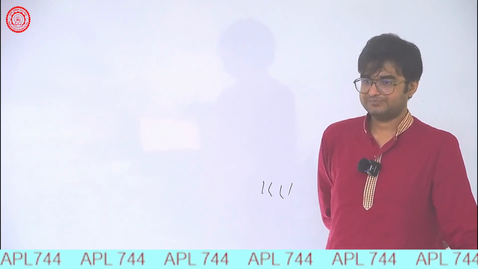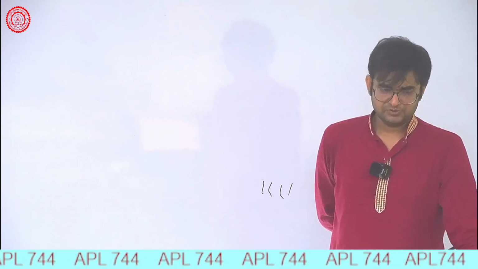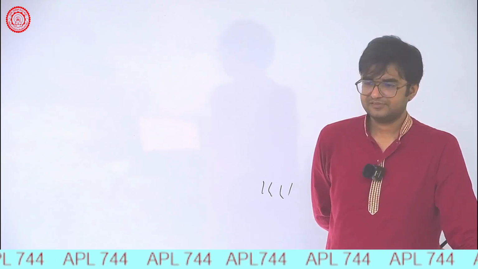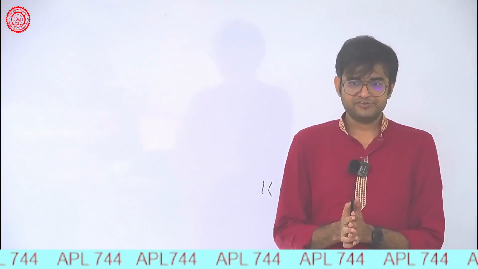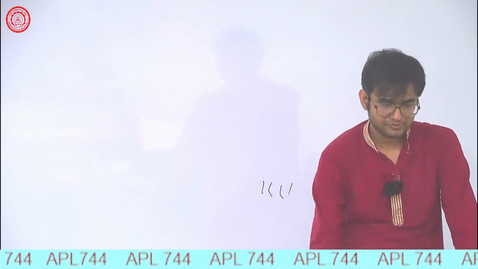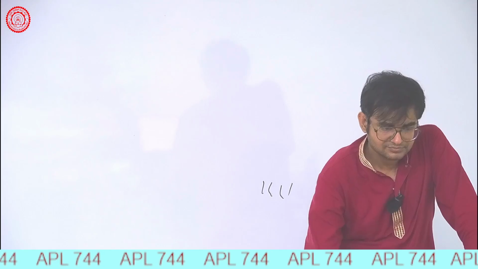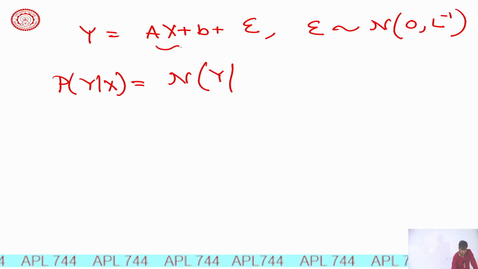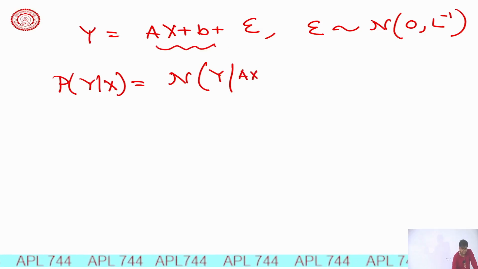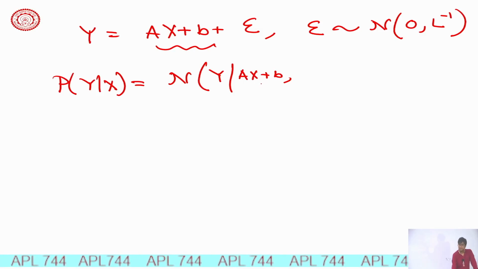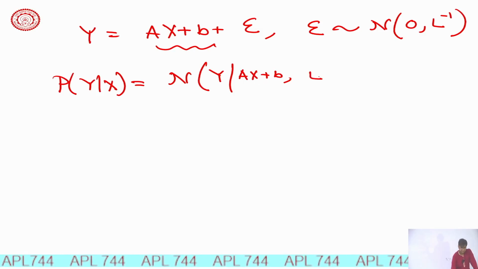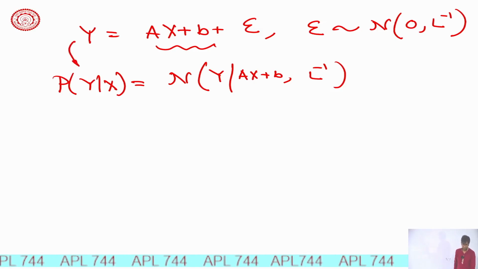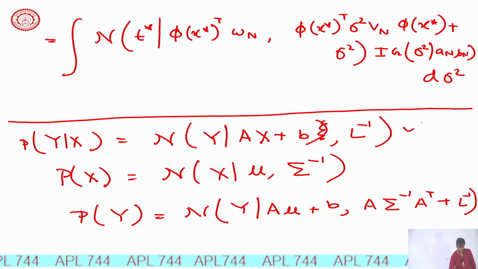What is this equal to? Normal of y given ax plus b, because that becomes constant, so that is my mean. And what is the variance? L inverse. So this expression is equivalent to this expression, which is the exact expression that I had here.